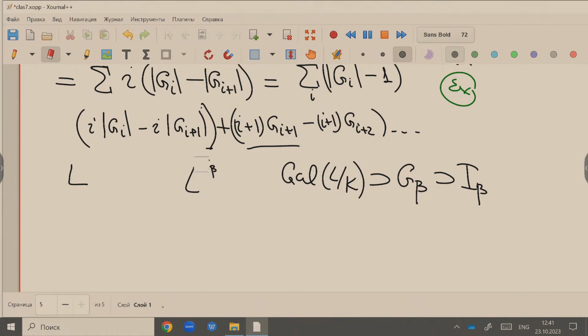The smallest group gives you the largest extension. So you have L^{I beta}, L^{G beta}, and K.